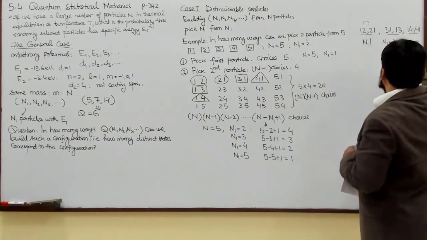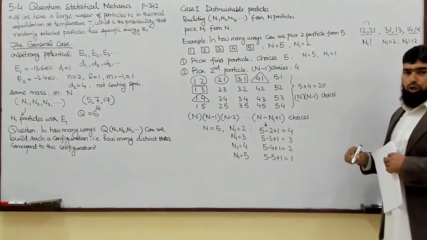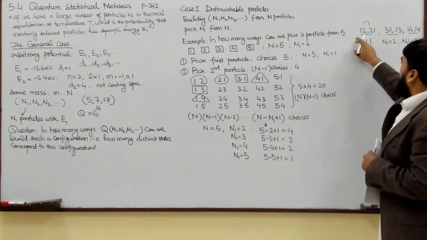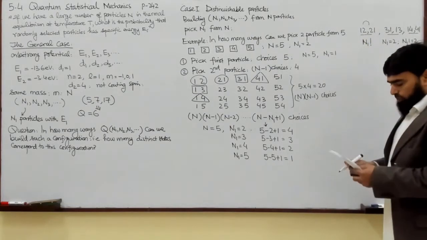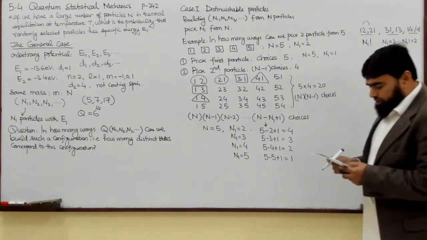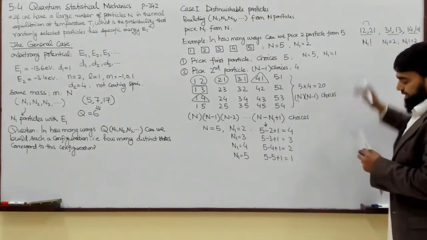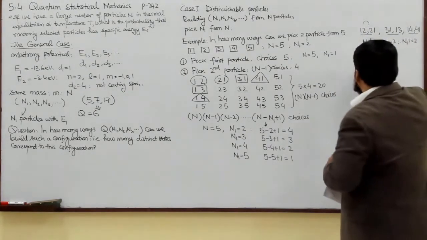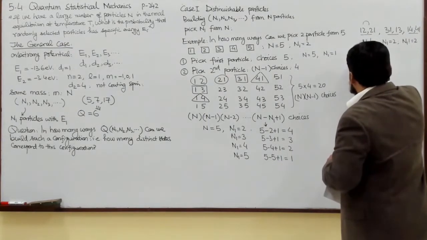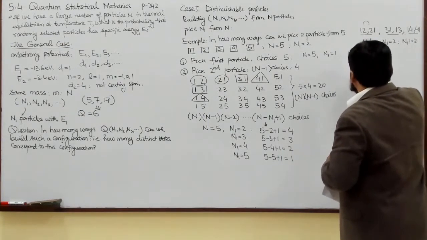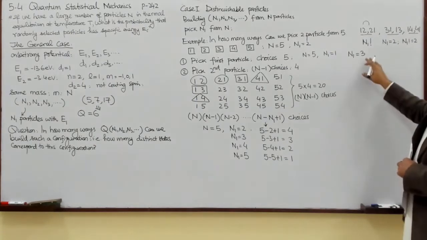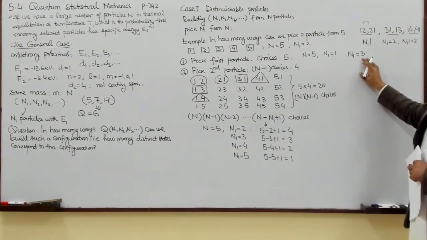And n1 factorial will be 2 into 1, which is equal to 2. So we will have to divide this by n1 factorial, and to convince ourselves that we are doing the right thing, let me consider n1 is equal to 3. Like we are picking 3 particles now.